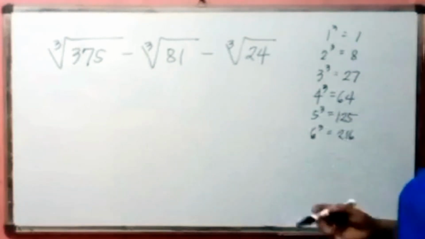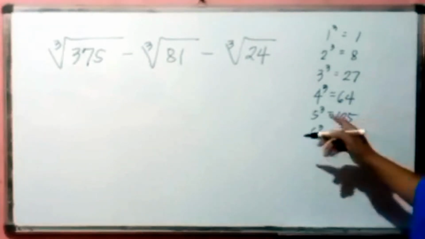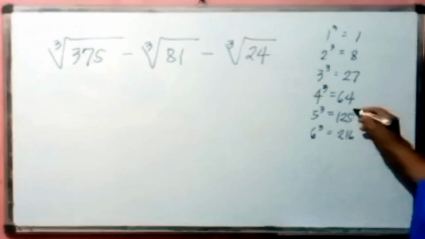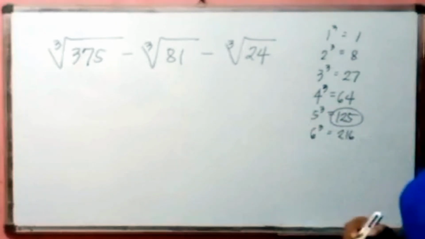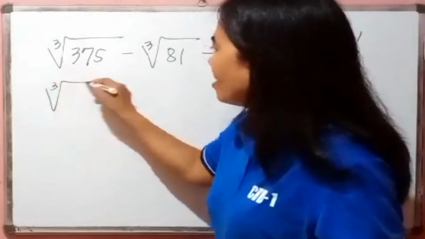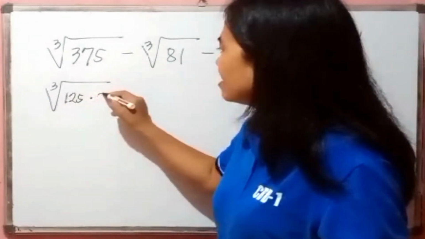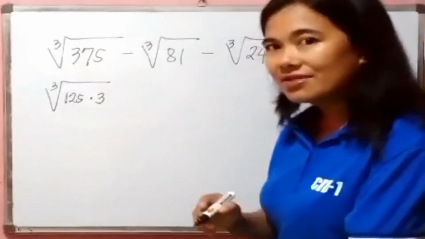Ikaw na magpatuloy. Okay? So, 375, parang may 5 naman siya. So, parang divisible siya by 125. Okay? So, baka siya na yung factor niya. So, 125 times 3. 375 nga ba?